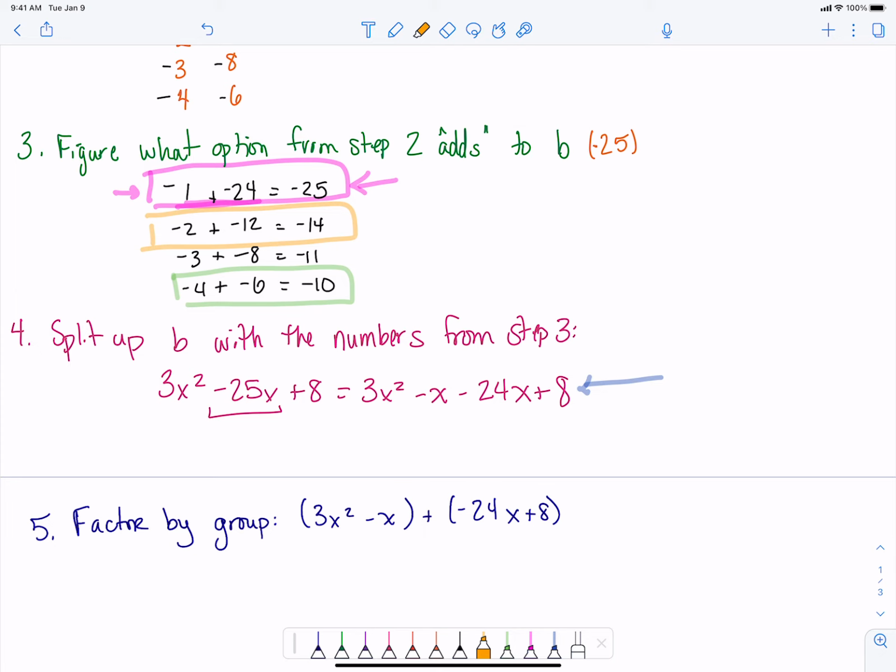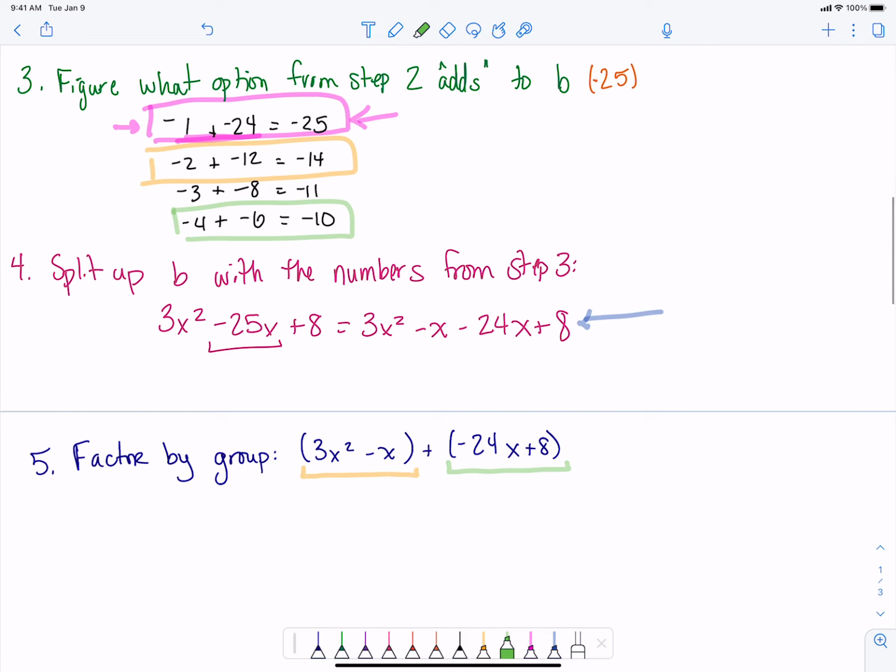And then you look at them basically as separate little problems and say, all right, for what I have underlined in orange, what's a common factor? And so I'm completely ignoring what's underlined in green and just looking at our 3x squared minus x. And they both have an x in common. So I can factor that out.